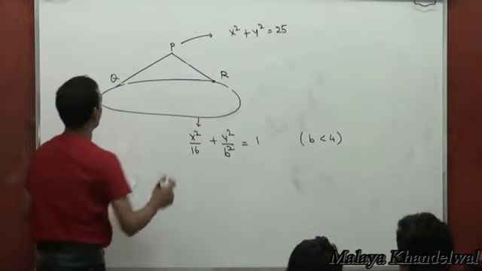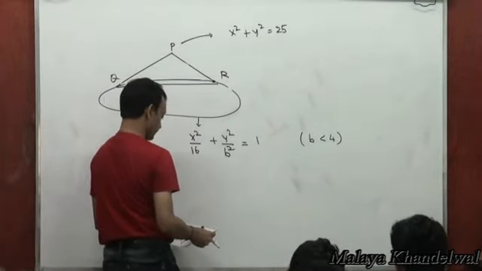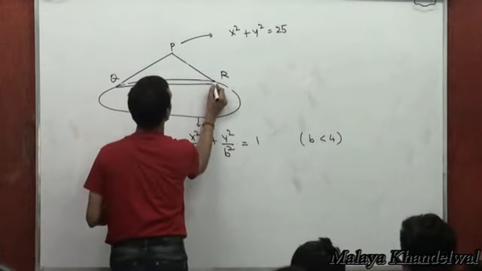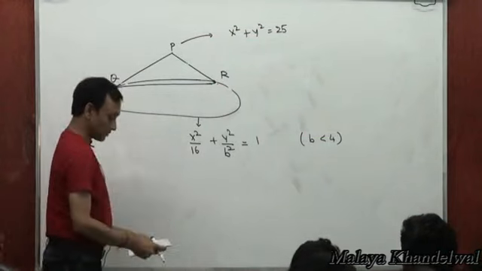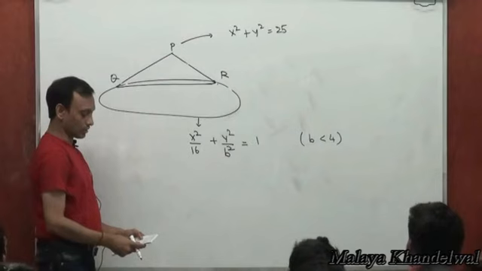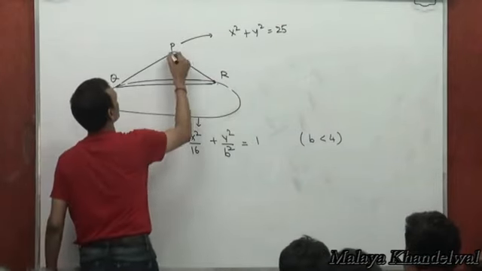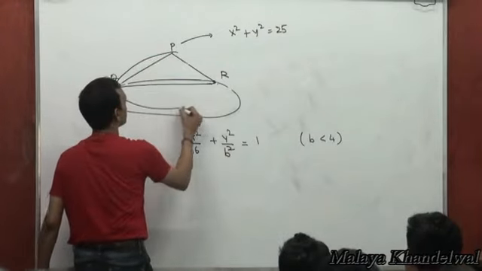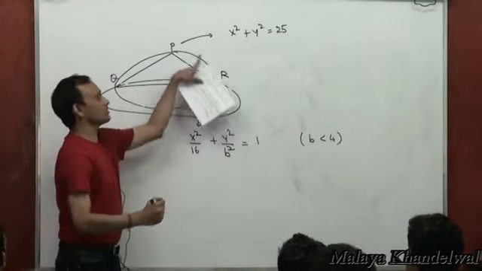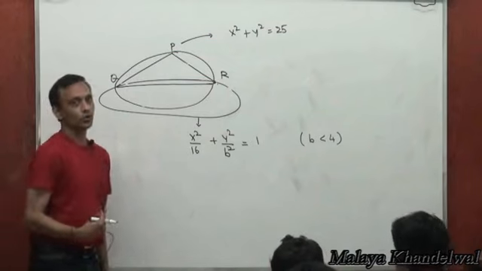So that the fourth vertex of the parallelogram PQRS lies on the circumcircle of the triangle PQR. No, that's not possible. I'm sorry, it looks like an ellipse, but it's a circle. This is the circumcircle of the triangle PQR.